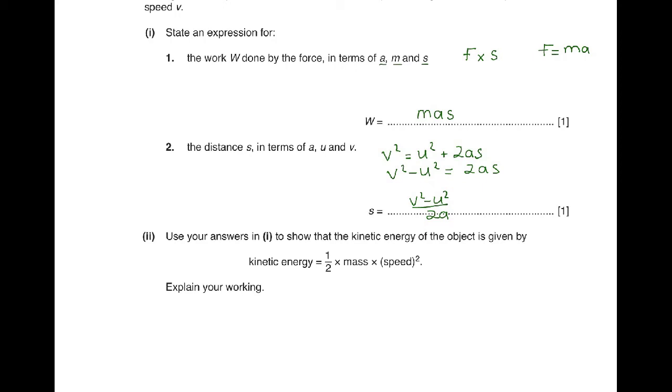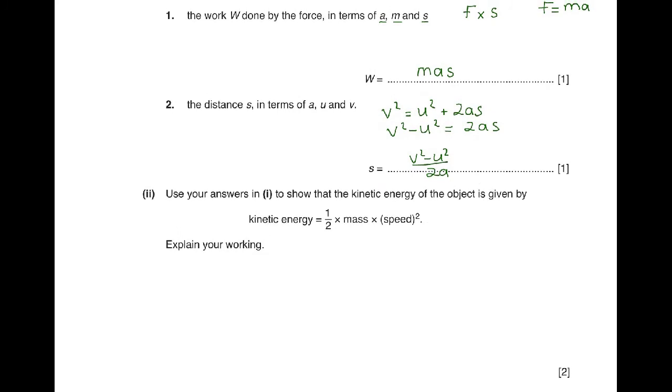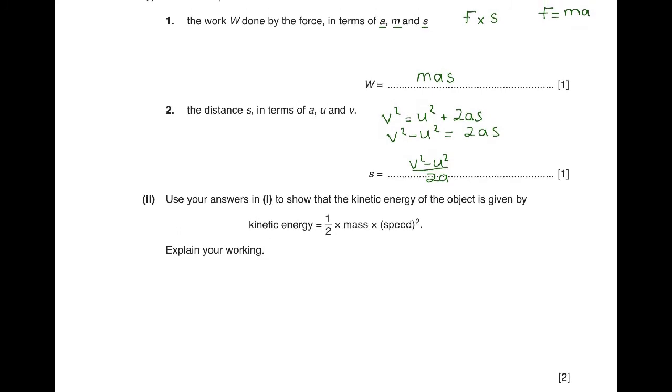Then the next part asks us to put these together to find this expression for kinetic energy, and we have to explain the work in here. So what we're going to do is take this equation for W, the work done, and say that the work done is equal to the increase in kinetic energy.